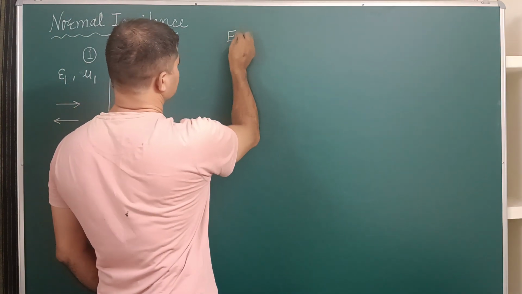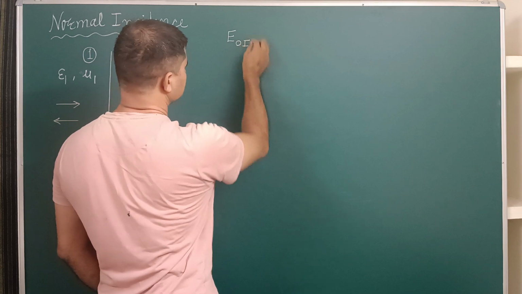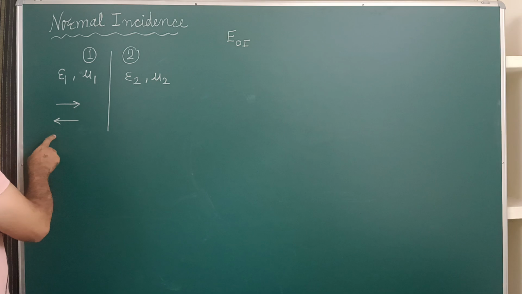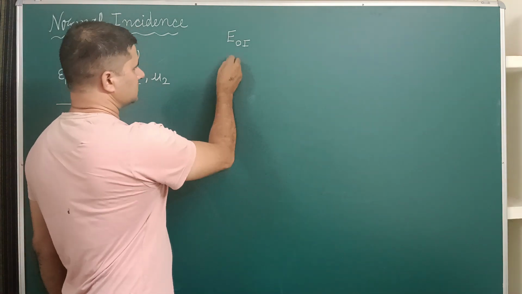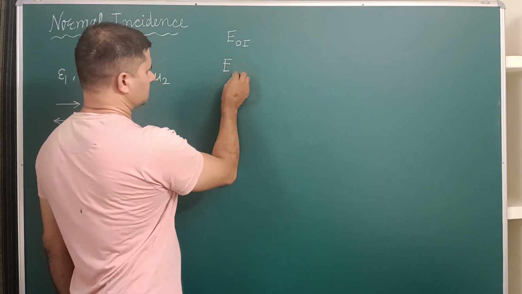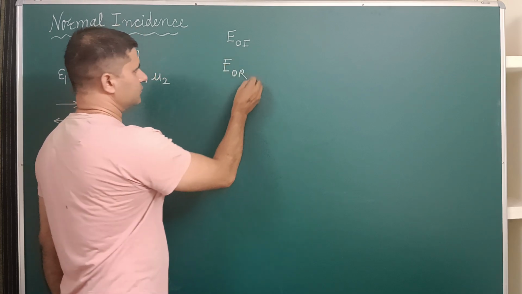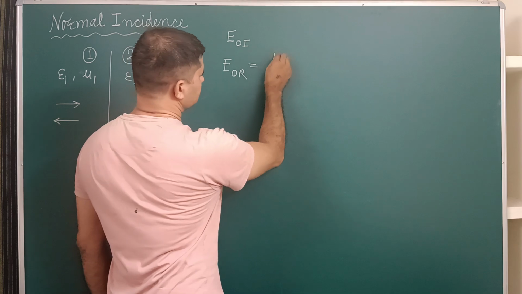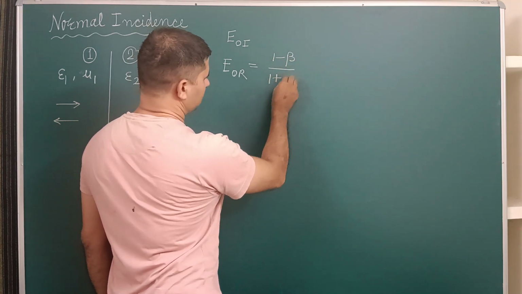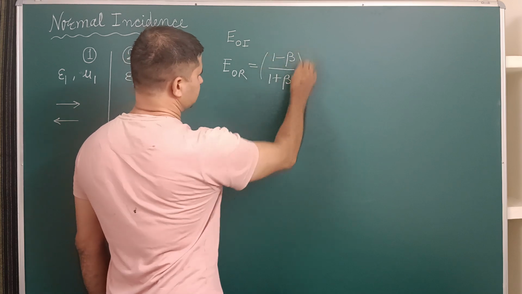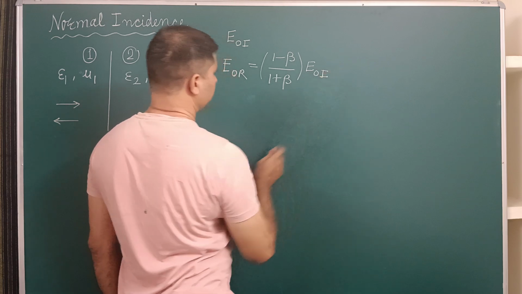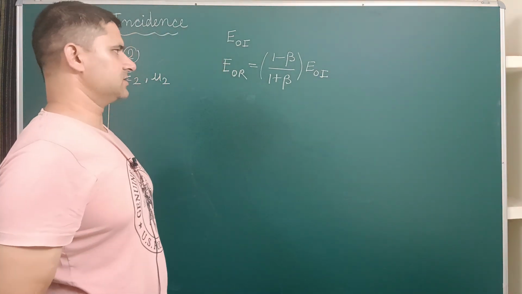Their amplitudes: the amplitude of the incident wave is E node I, and the amplitude of the reflected wave, in terms of the amplitude of the incident wave, is (1 minus beta) divided by (1 plus beta) into E node I. We have calculated it in the previous lecture.